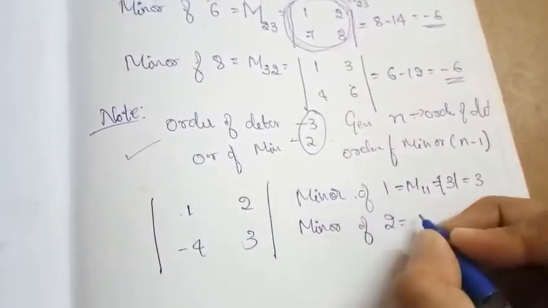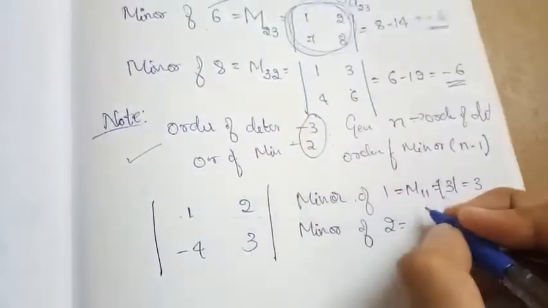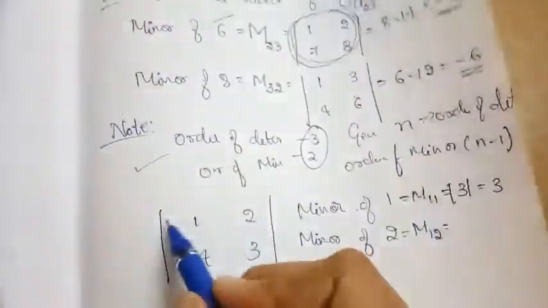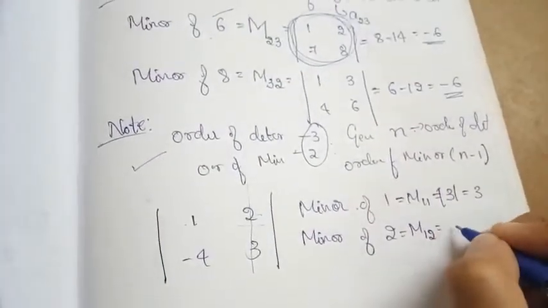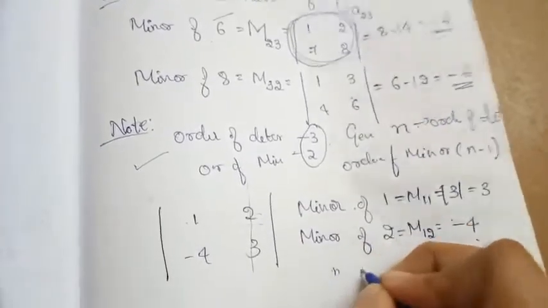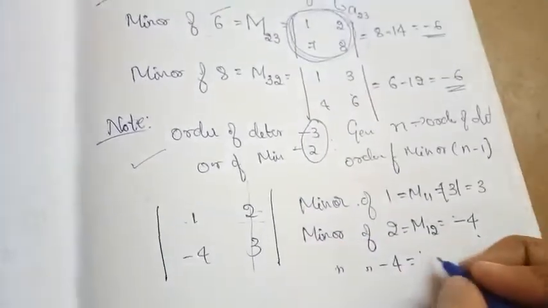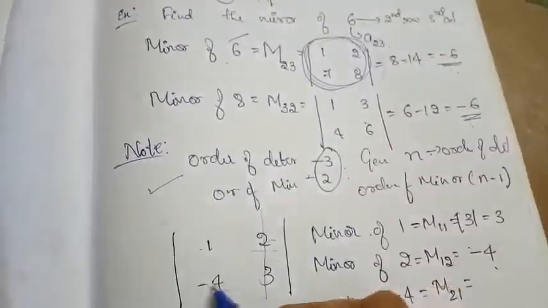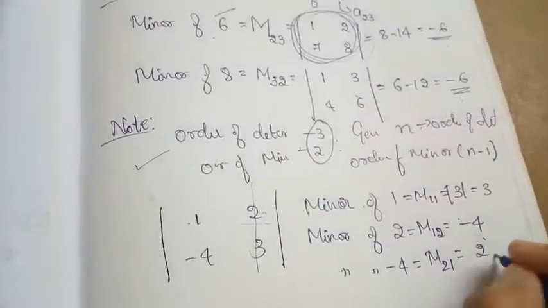What is the position of 2? It is first row, second column, so that is M12. After deleting the row containing 2 and the column containing 2, the value of M12 is minus 4. Then minus 4 is lying in the second row, first column; after deleting its row and column, the minor is 2.